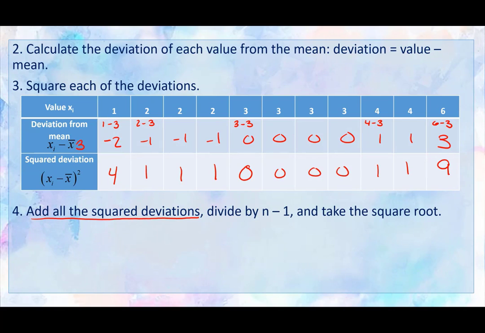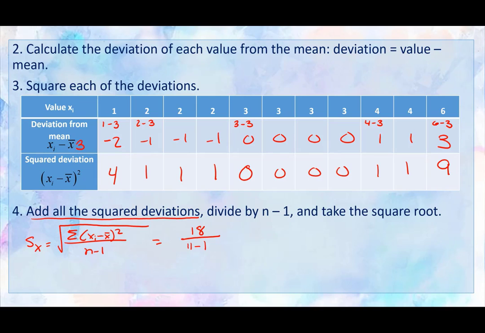I'm actually going to write this out real quick. So we have s sub x is equal to the square root of the sum of all of the deviations squared divided by n minus 1. So what we actually just found, the sum of all the squared deviations, was 18. We have 11 numbers, so it's going to be 11 minus 1.